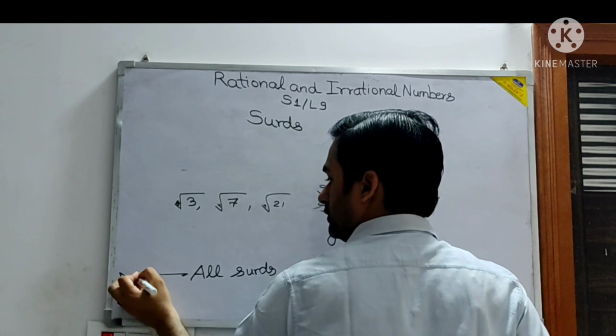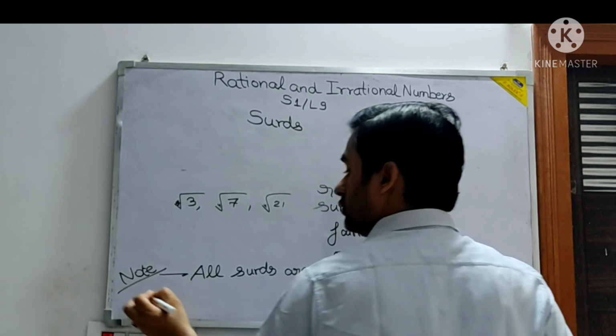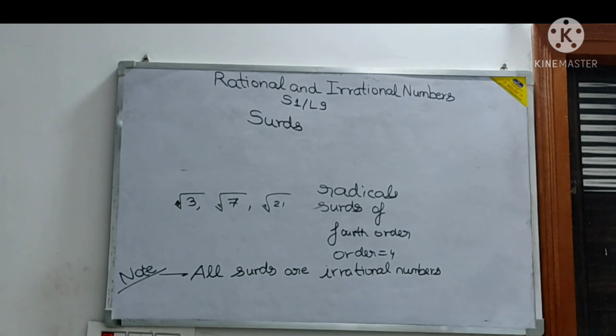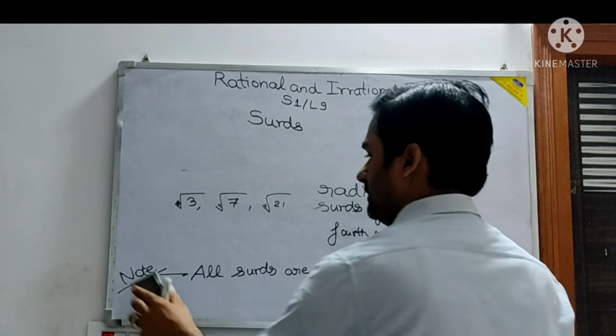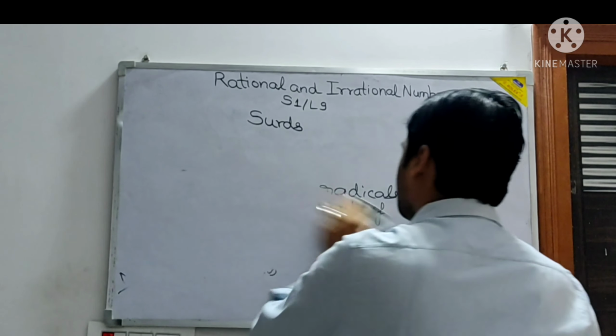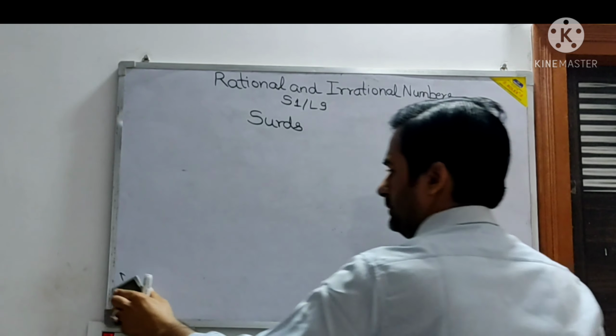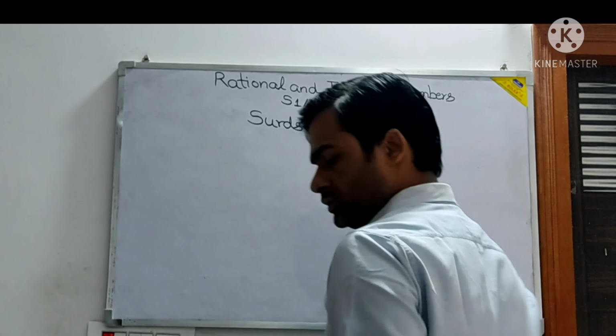This thing you note also. So all the surds are irrational numbers. And much explanation is not there regarding surds, but some general notes are given that you must understand also.